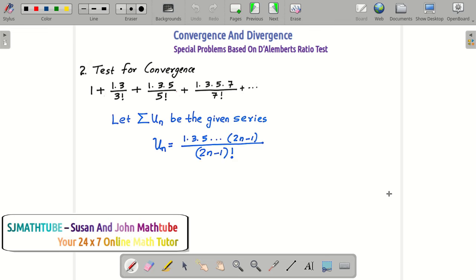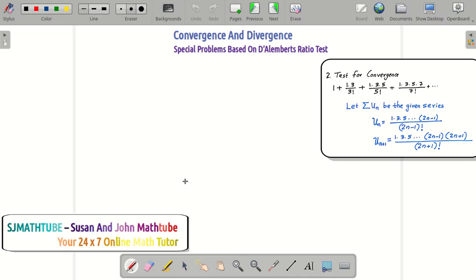And then we go for the general term. And it's easy to write the general term like we did before. But the denominator is 1 factorial, 3 factorial, etc. You apply the trick and you will get. And be extra careful when you write the n plus first term.